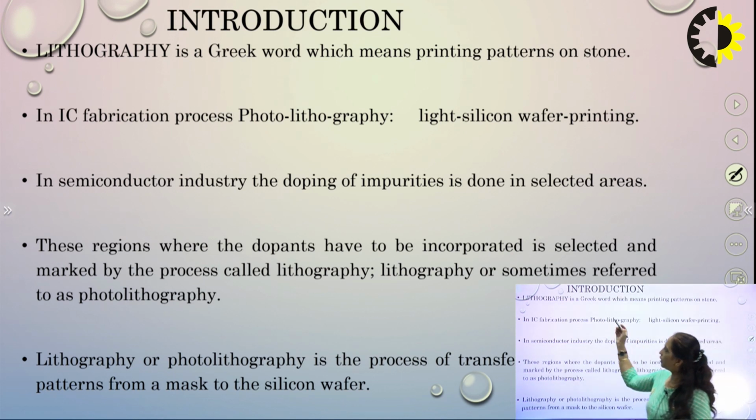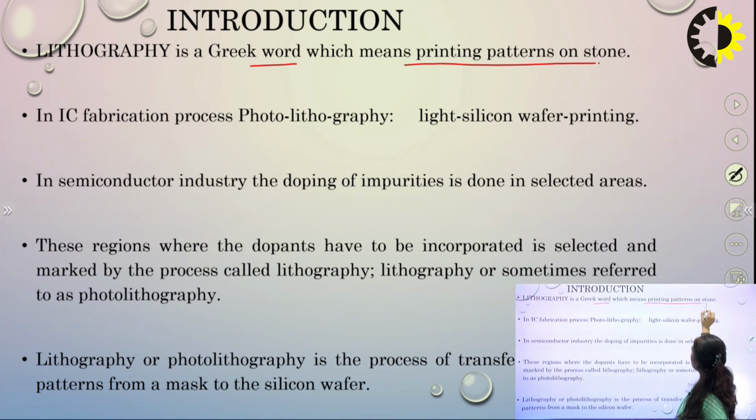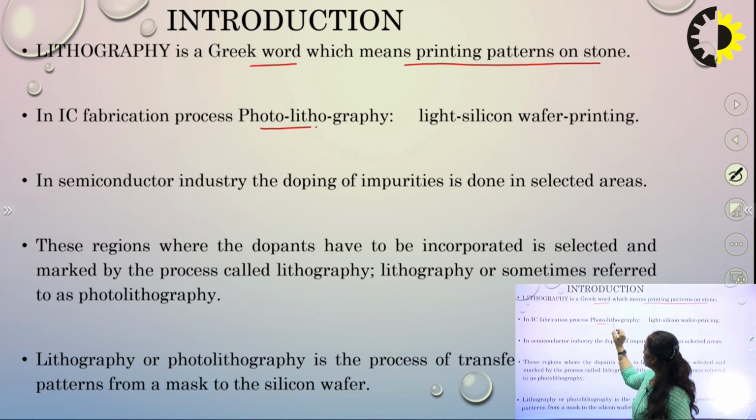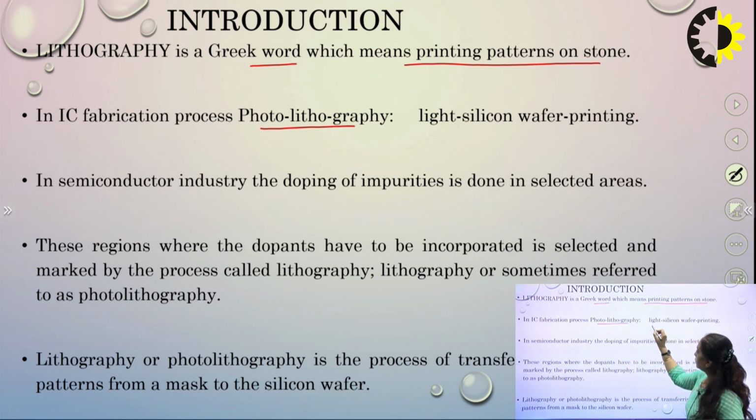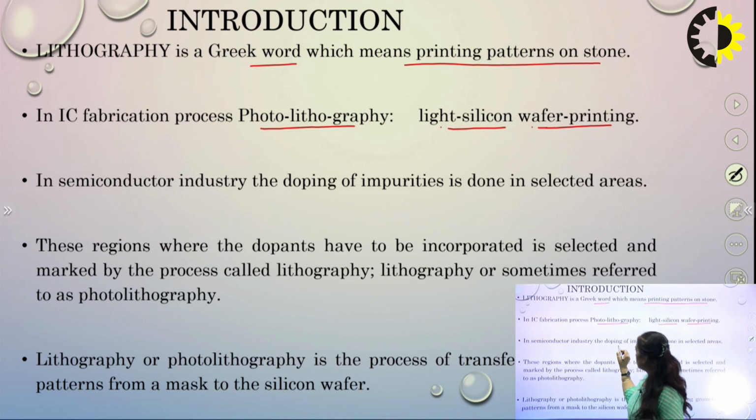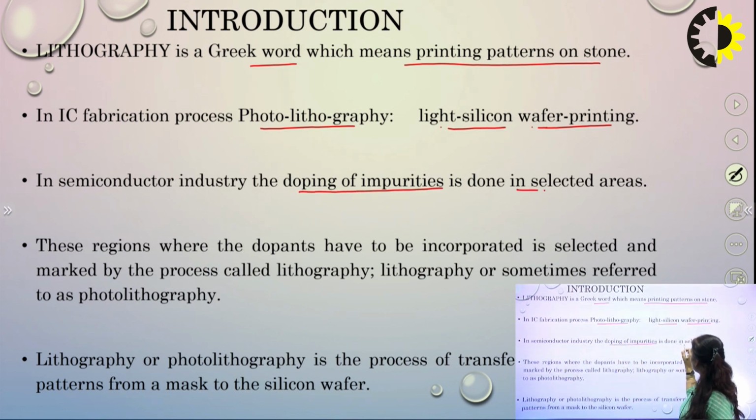Lithography is a Greek word which means printing a pattern on stone. So it is like printing some circuit on the wafer. In the IC fabrication process, photolithography prints onto the silicon wafer. In the semiconductor industry, the doping of impurity is done in selective areas.